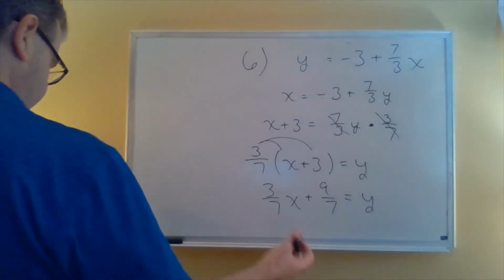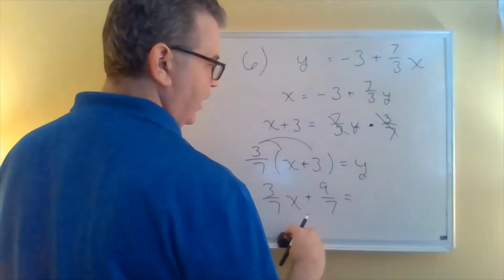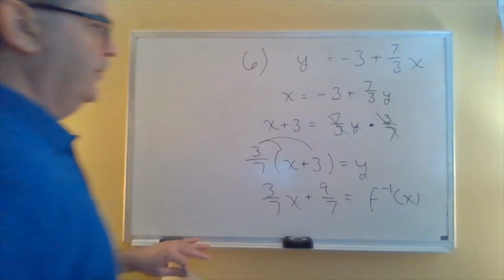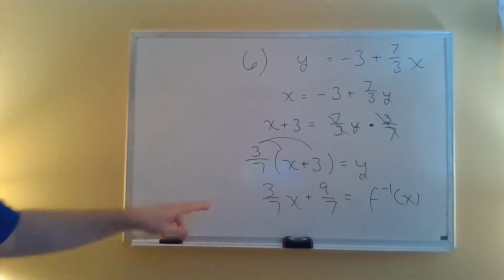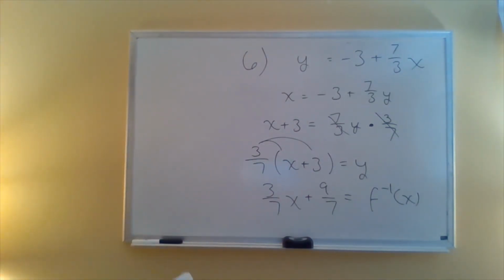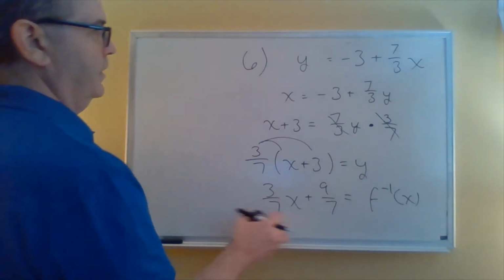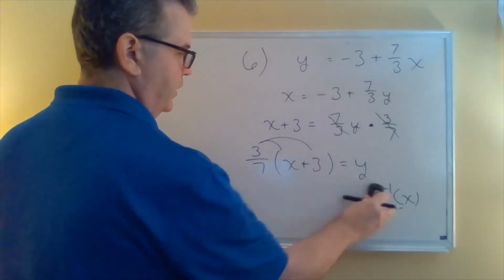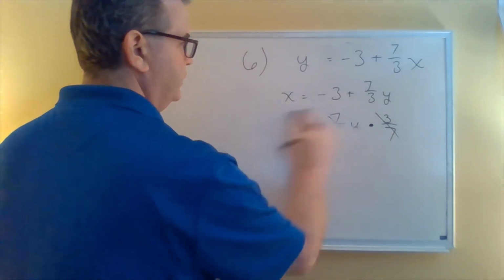And I'm going to change that to the proper notation, inverse notation. So f to the negative 1 of x equals 3/7 x plus 9/7. Okay. On to number 7.